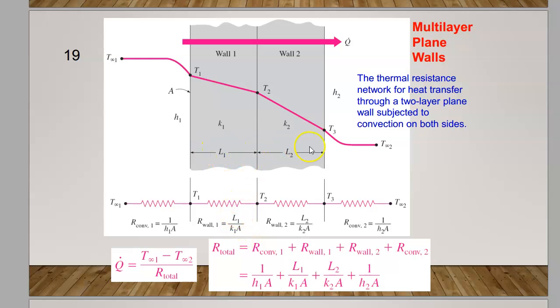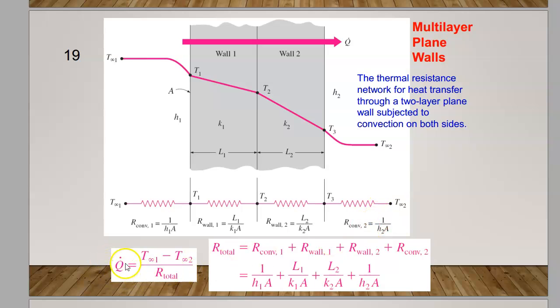Don't just write L, because this is L1, as the length may not be equal to the other. Then R wall 2 is L2 over K2A, and the last one, R convection 2, is equal to 1 over H2A.